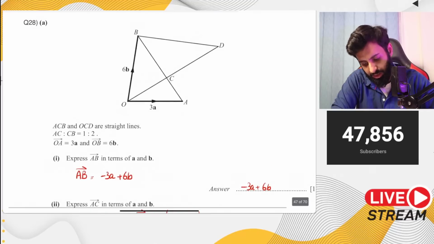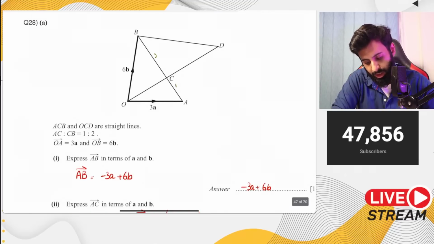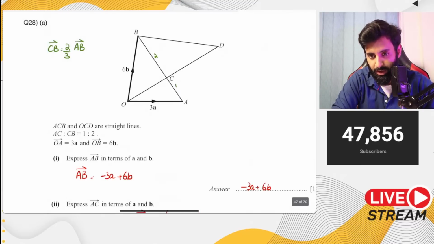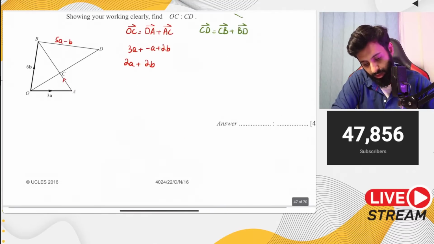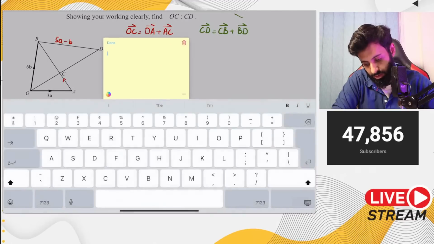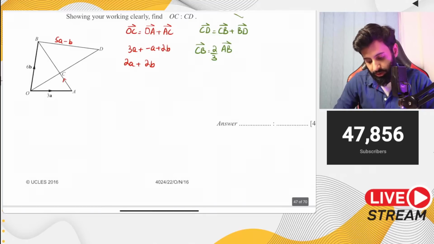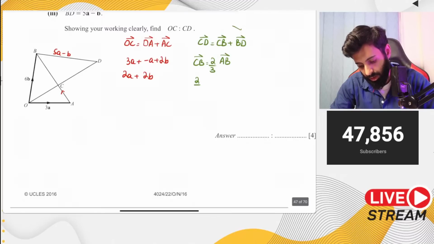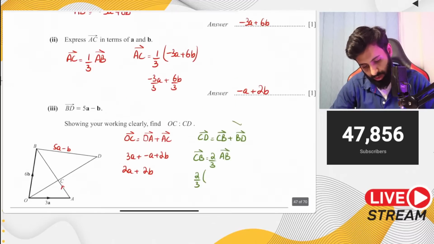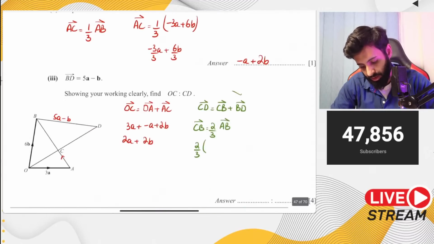Since AC and CB are in the ratio 1:2, CB is going to be equal to 2/3 of the total, which means 2/3 of AB. So CB is equal to 2/3 of AB. We found AB: minus 3a plus 6b.